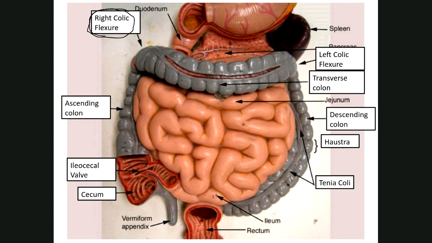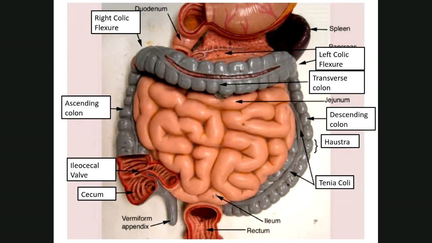Another thing that's kind of unique to it is it looks like it has pouches. So these pouch-like structures are called haustra. An individual one is called a haustrum. What causes these haustra to form is that when you look at this tube, remember we've got those layers.